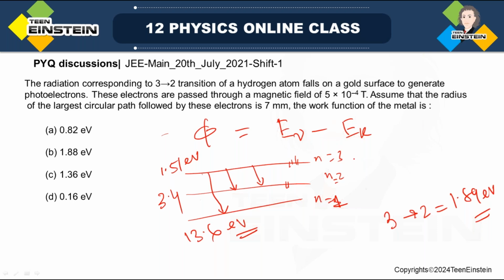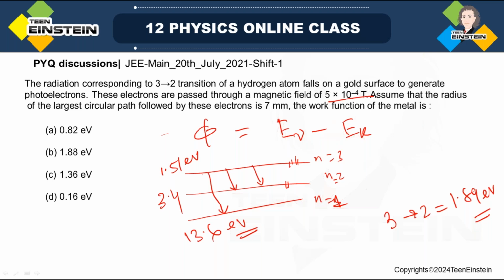Okay, so here magnetic field is given as 5 Tesla.